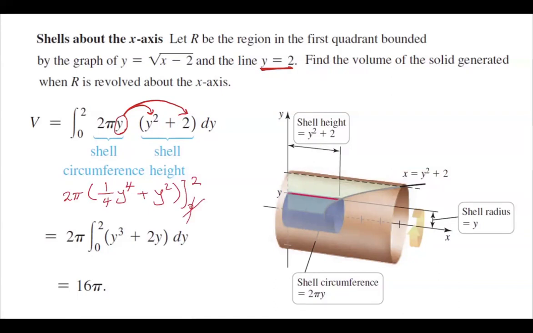This is equal to 2 pi times 16 divided by 4, plus 4. Perfect. So you get 4 plus 4, or 8 times 2, or 16 pi. So this is the volume of this object using the cylindrical shell method.